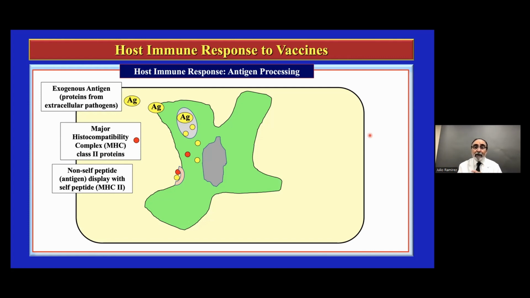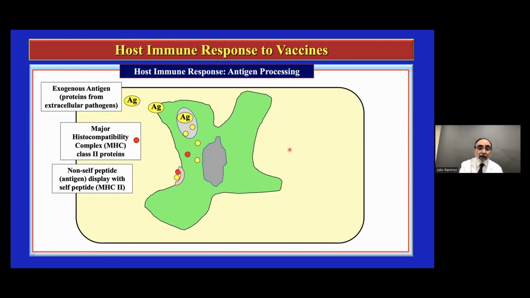When the antigens are presented to the T cells, they are supposed to be presented a foreign antigen and my own antigen, foreign and self. And this self is also the MHC complex. Whenever you read that the presentation of antigens happens with one of our own proteins, it is the major histocompatibility complex.